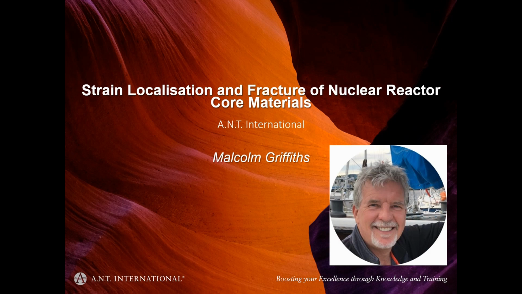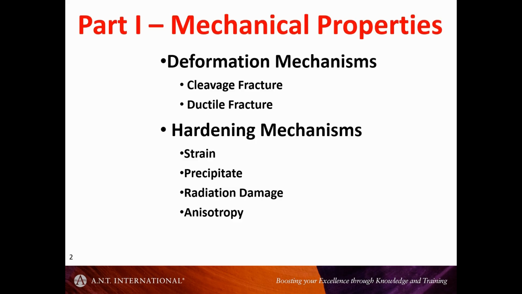So let's start with just some basics, because it'll be relevant for the remainder of the talk. I just want to introduce a few general deformation mechanisms that apply to materials, whether irradiated or unirradiated, so that we understand one another, and when I am talking about different mechanisms, you at least are aware of where I'm coming from.